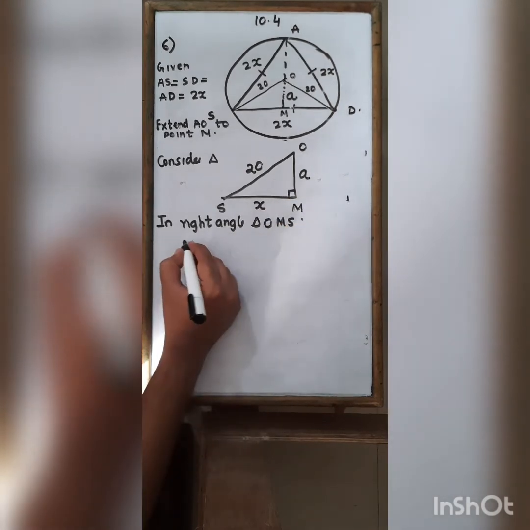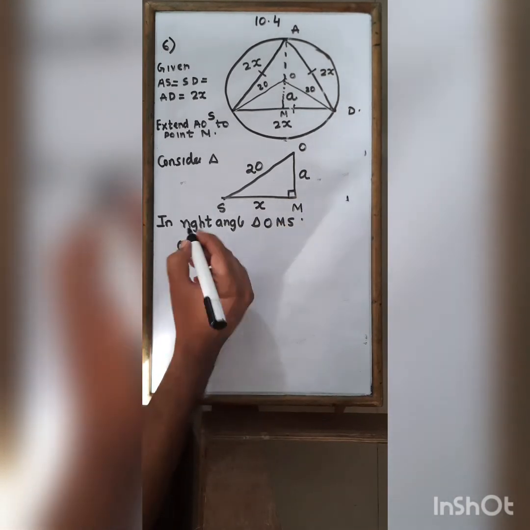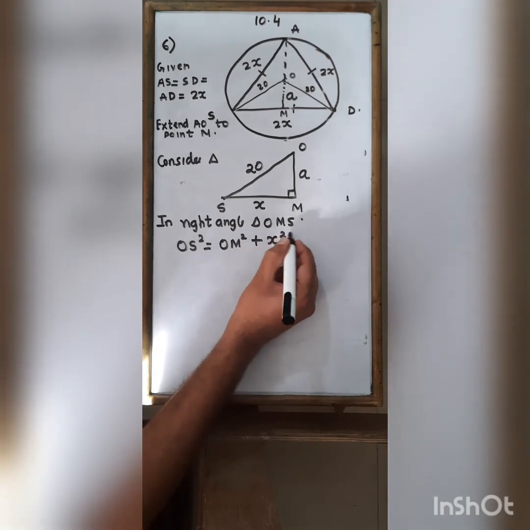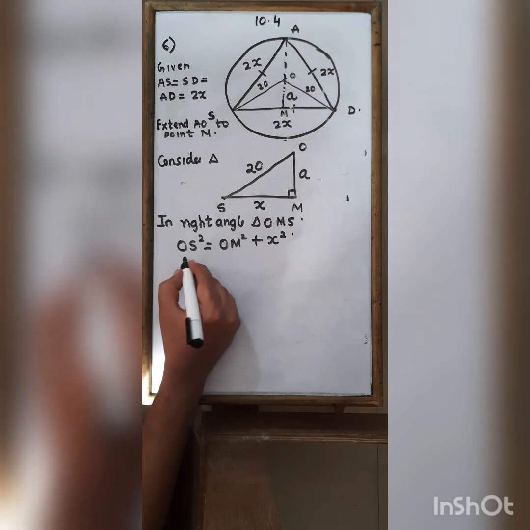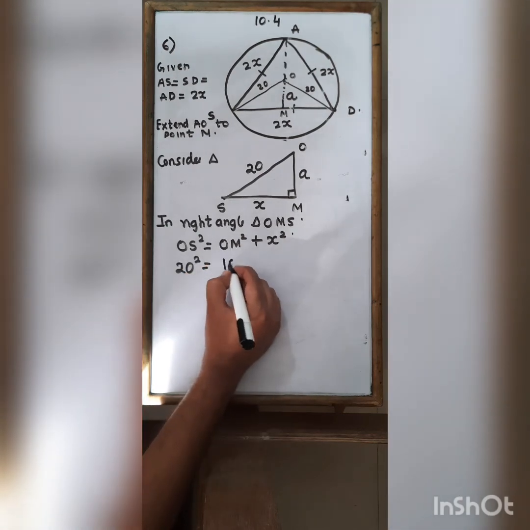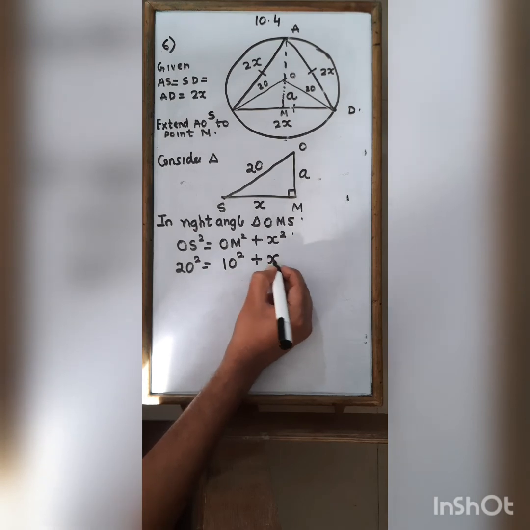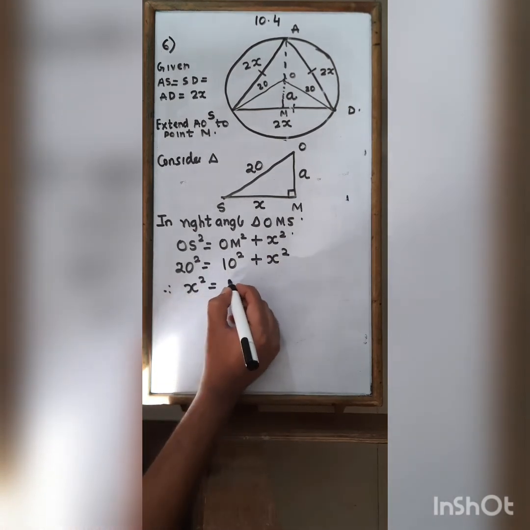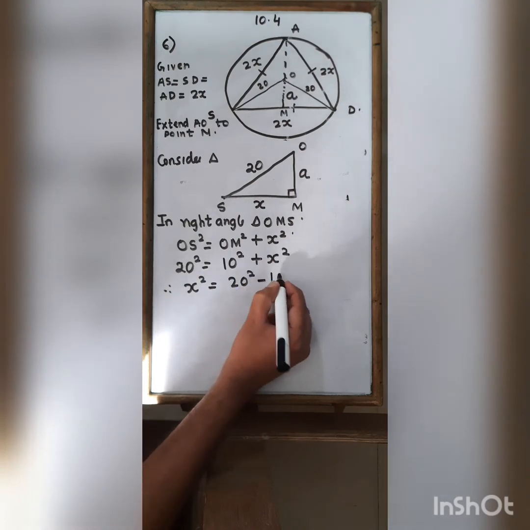OMS, can I say OS square is equal to OM square plus x square? But what is OS? OS is nothing but 20 square. What is OM? I just found out, OM was 10. So 10 square plus x square. So therefore x square is equal to 20 square minus 10 square.